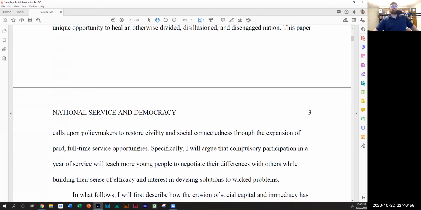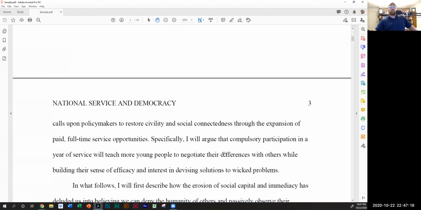This paper calls upon policymakers to restore civility and social connectedness through the expansion of paid full-time service opportunities. Specifically, I will argue that compulsory participation in a year of service will teach more young people to negotiate their differences with others while building their sense of efficacy and interest in devising solutions to wicked problems.